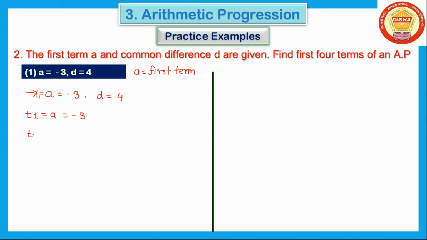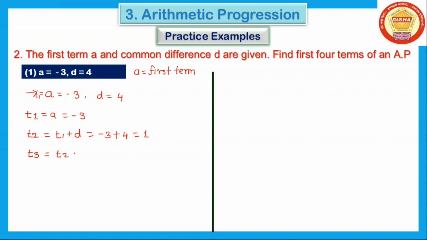Then we will find T2. How do we find it? That is T1 plus D. T1 is -3 plus 4. -3 plus 4 is equal to 1. Then we find T3.